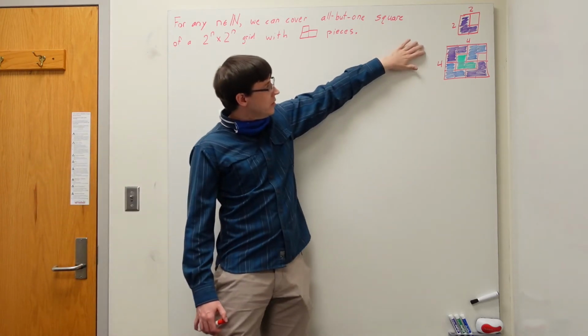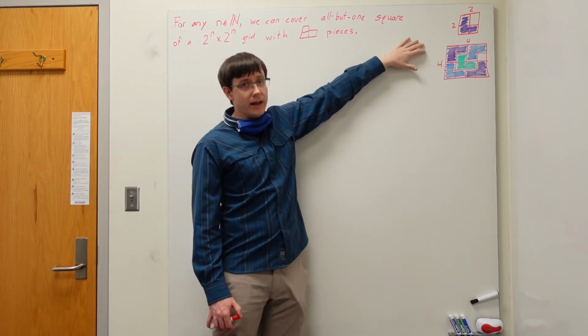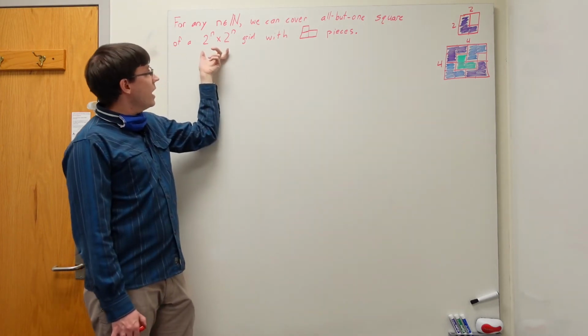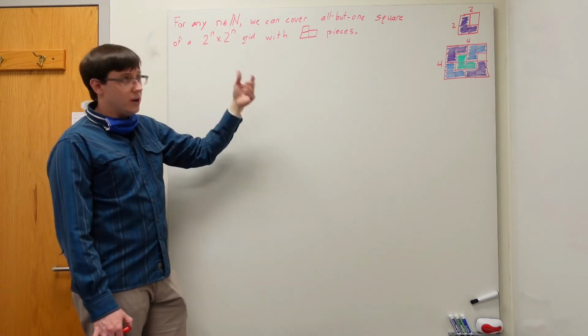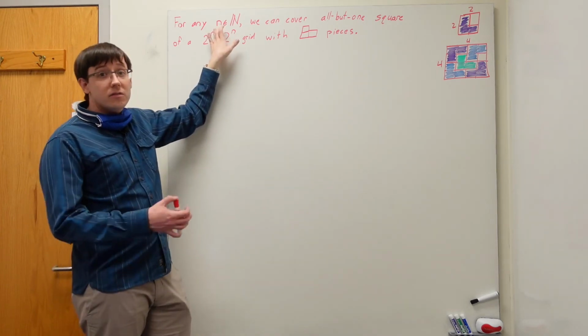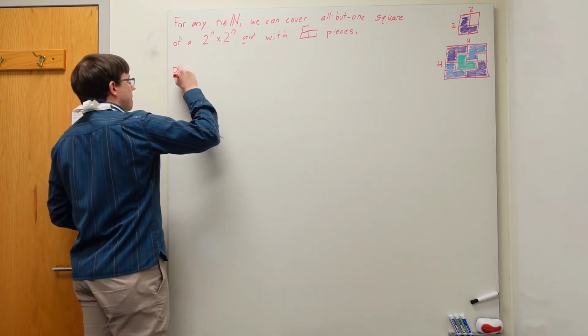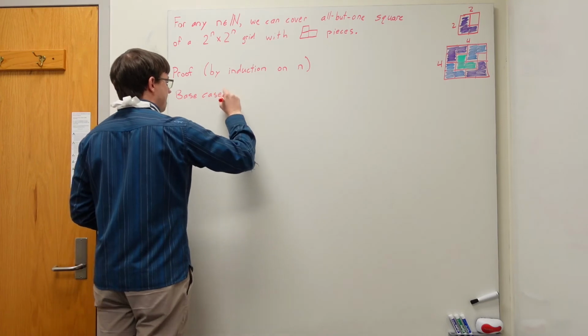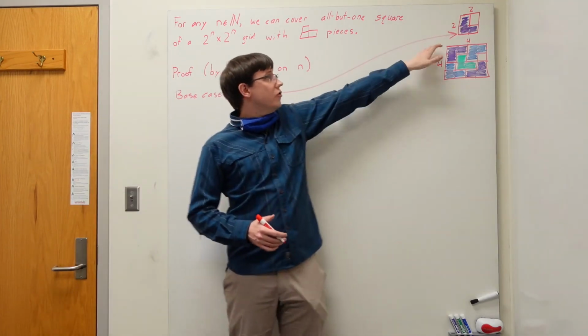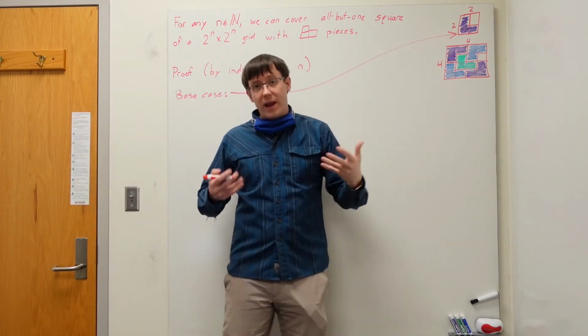And so we can think of our power of 2 side length as 2 to the n for some natural number n. And then we can do induction on this value n. So we have already shown a base case, but let's write it down.